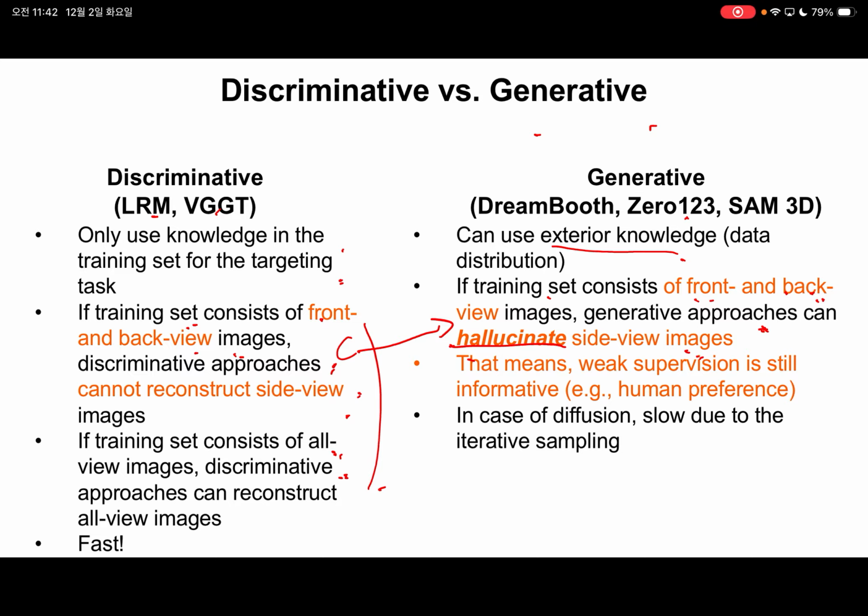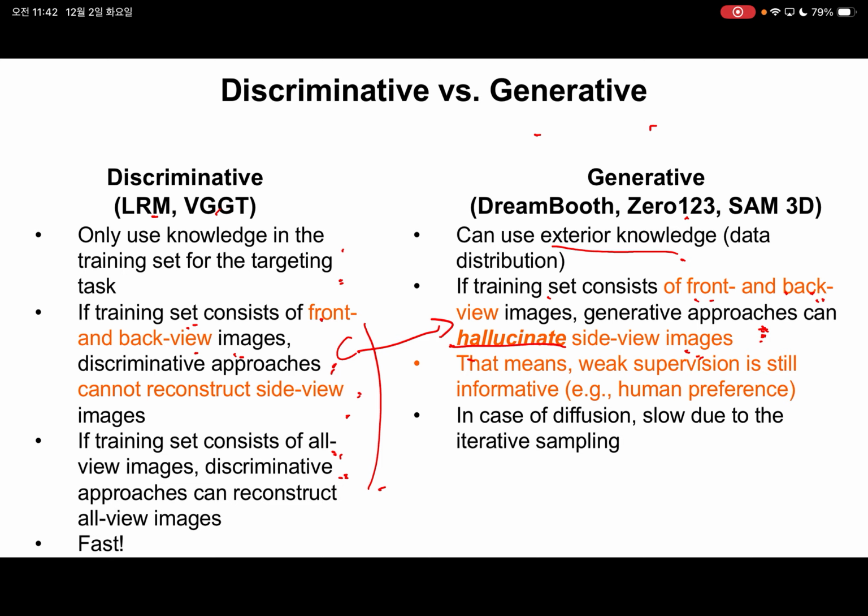This model has not seen any side view images from this data set, but it knows some image distribution, so it can sample some plausible side view images from the data distribution. That is the clear difference between discriminative approach and generative approach.